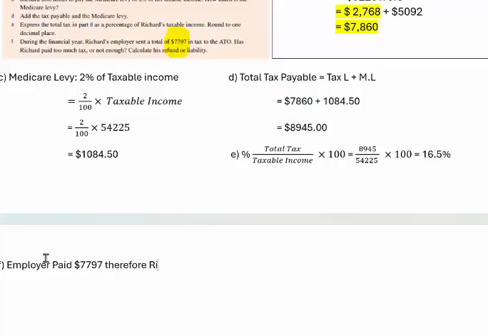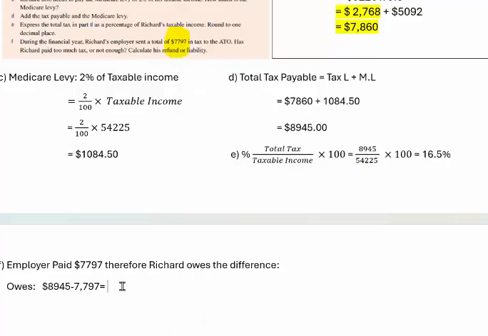Therefore, Richard owes the difference. Can't just say that, we actually have to work it out. So he has to pay $8,945, and that's how much tax he owes, and his employer has only paid $7,797. So we'll see what the difference is.